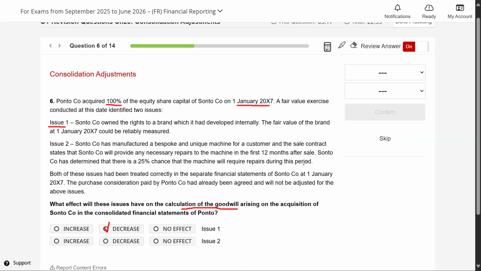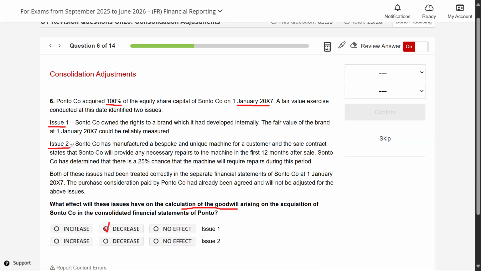Now here, we will have to create a provision, and that's a liability. So what will happen? If a liability arises, that is going to reduce the value of the net assets. Okay. The issue 2 will result in a liability being considered.